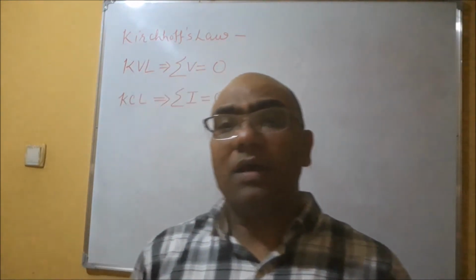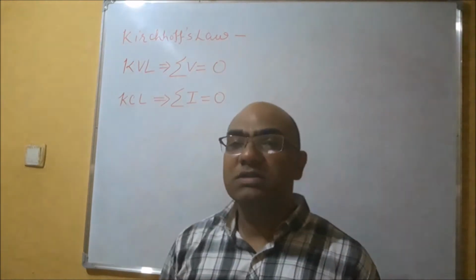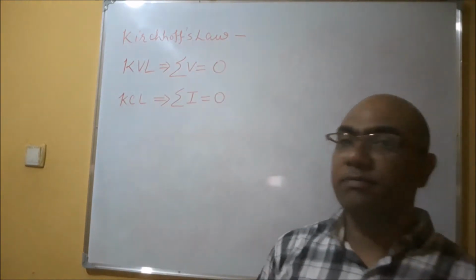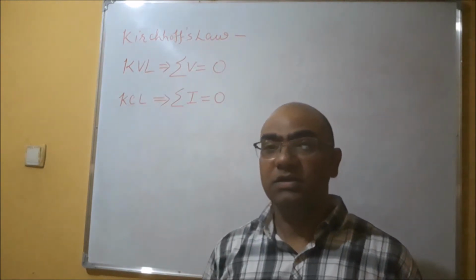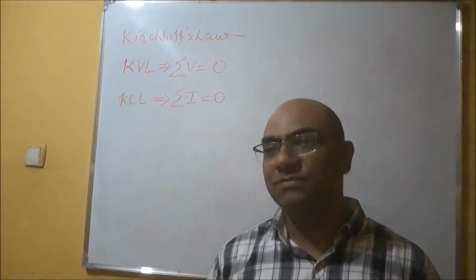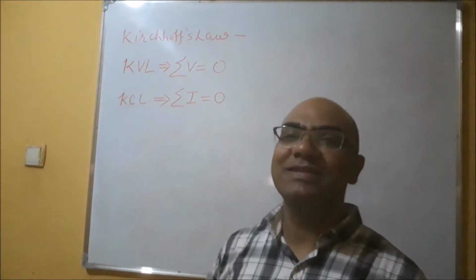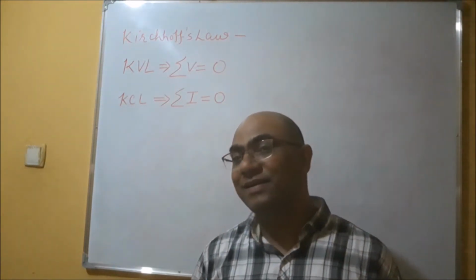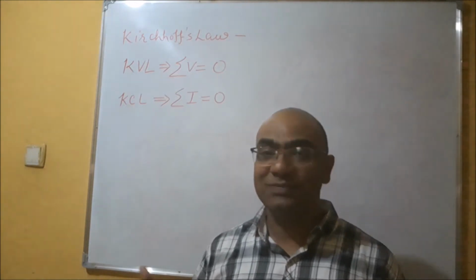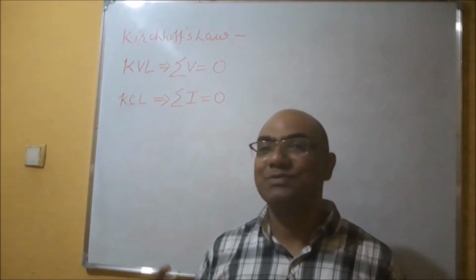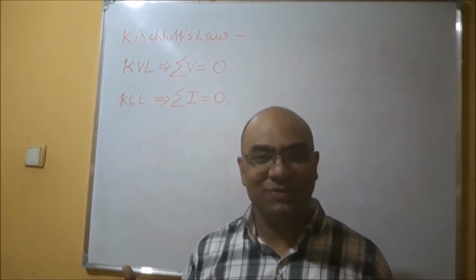These laws are applicable for all the circuit elements. It may be resistance, it may be inductance, it may be capacitance. But for making our life simple, the calculation simple, we will start with resistance only. With DC circuits: as we have studied in the last lecture, sources may be of two types, voltage source and current source.